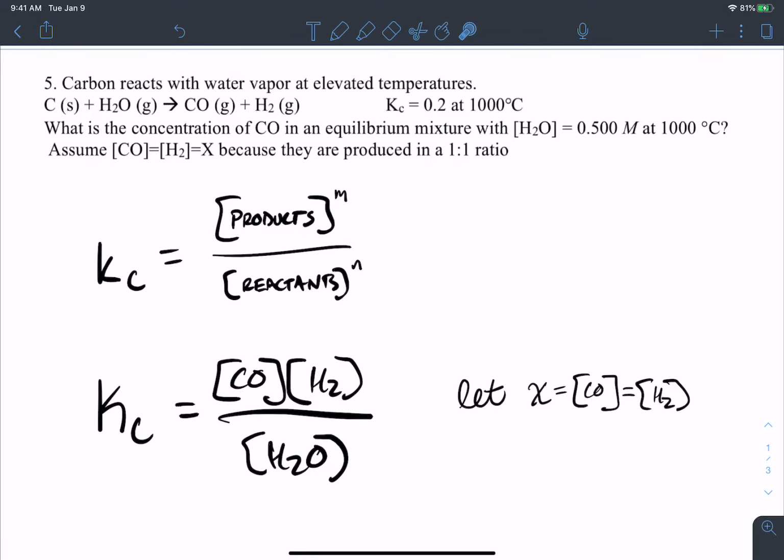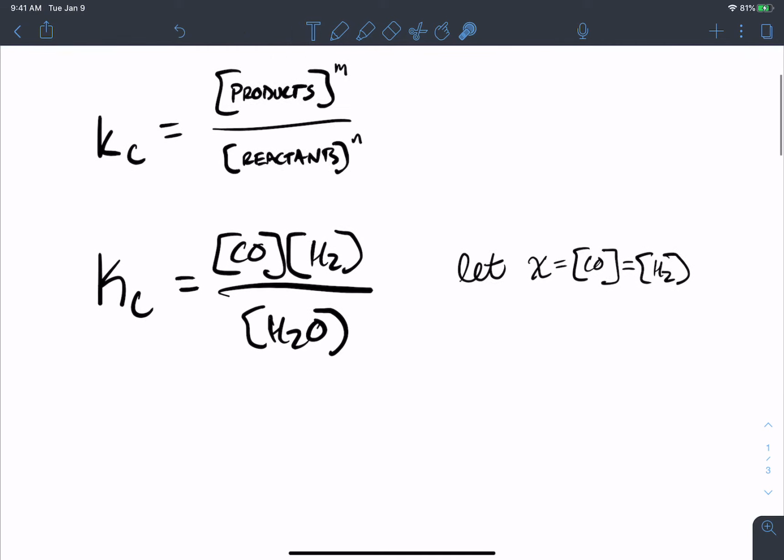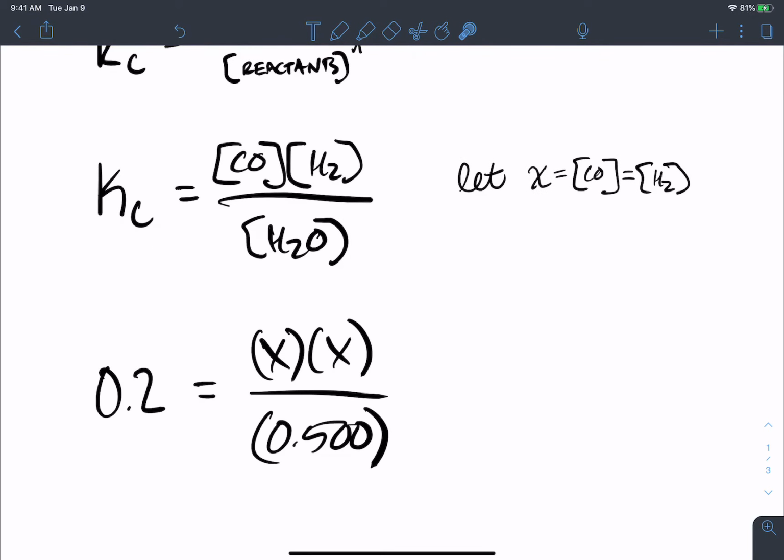Speaking of which, we're told to let the carbon monoxide concentration and H2 concentration both equal X. So when we substitute into this expression, notice we're going to have X times X divided by the concentration of water, which in this case is 0.500, and all of that is going to be equal to the equilibrium constant, which in this reaction is 0.2.